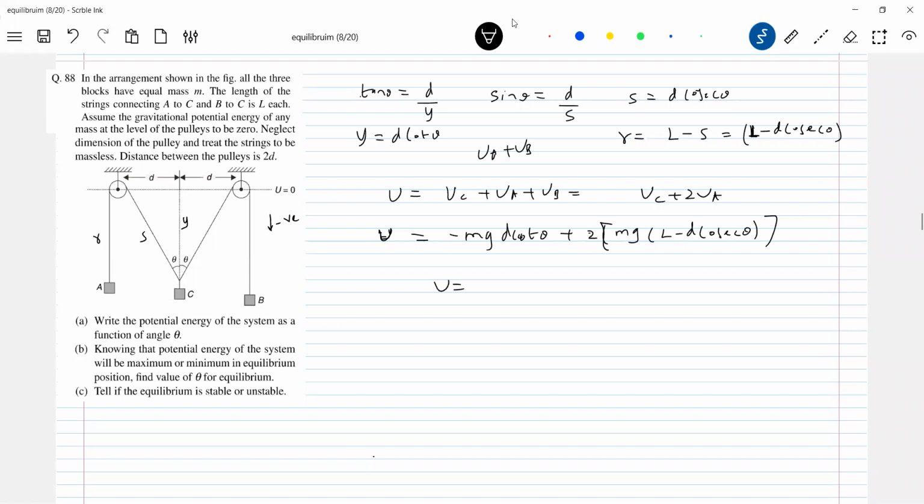If d square u by d theta square is greater than 0, it will be a minimum. If it is less than 0, a maximum will come. So with that, I'll check the maxima and minima and find the value of theta for equilibrium.